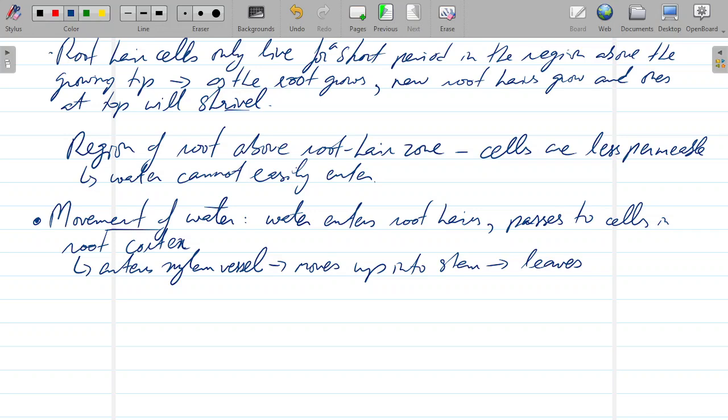And so we'll talk about transpiration, right? There's a pull generated because of transpiration, and that is what promotes the movement of water from the root up the stem and then to the leaf, right? So there's a tension in the vessels developed due to transpiration. Tension, right, meaning a pull.